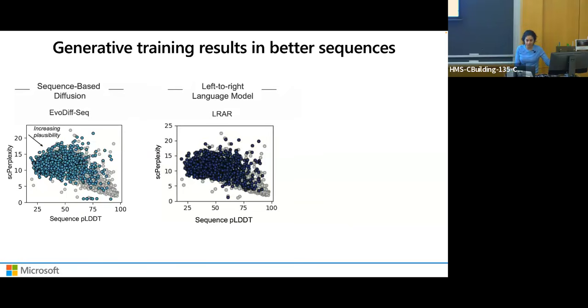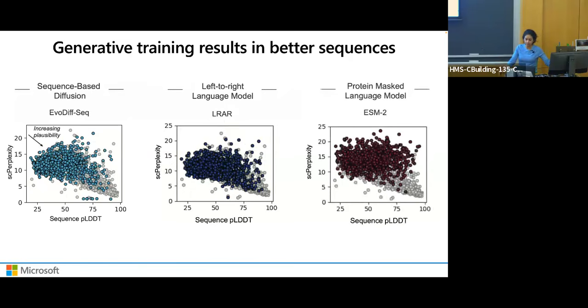We see that the left to right model, and we can quantify this as well, generates slightly more sequences that are biased towards this bottom right region. But importantly, if we now qualitatively compare to a masked language model, the generations from both our EvoDiff model and the left to right autoregressive model are overall occupying more of this downstream diagonal in this visualization.